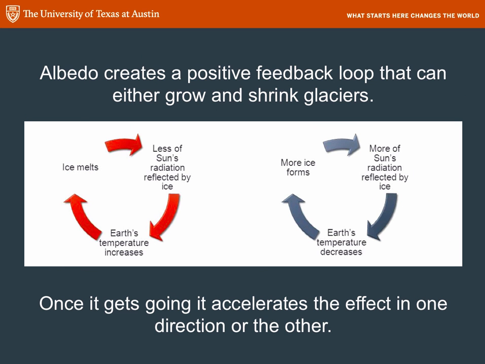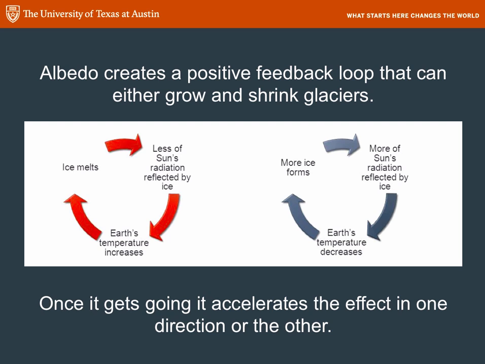The most important feedback loop for ice is the albedo feedback loop, and albedo is a positive feedback loop. What is albedo? One of your vocabulary words, so you should know this. Albedo is the reflective effect of ice and snow, and it causes a positive feedback loop whether it's helping to grow glaciers or to shrink them. So let's look at the right first.